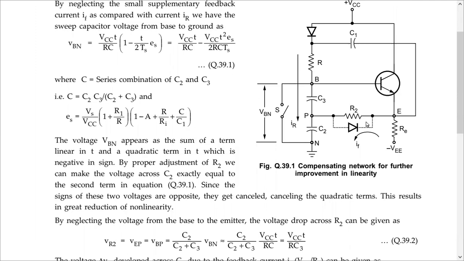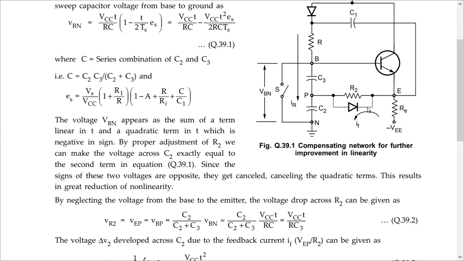The voltage across this particular R2 is adjusted so that it becomes exactly equal to the second term. So due to error we have this voltage. By adjusting R2 to give a positive voltage, the negative and positive will cancel out, and in this manner the error will be reduced. That is the trick we will be using here.